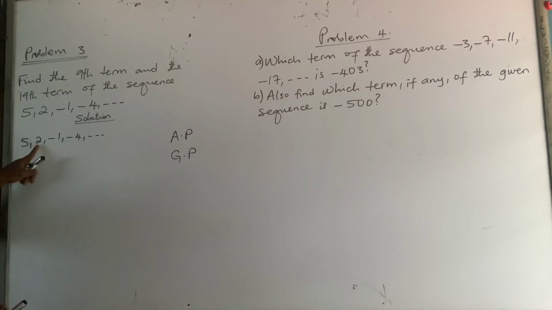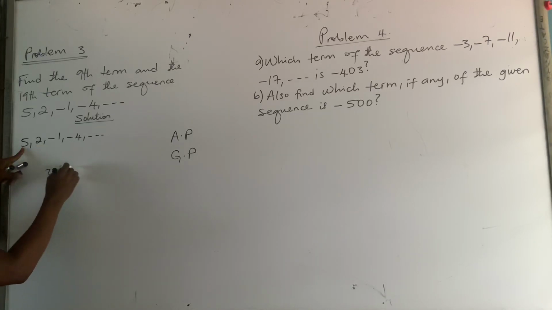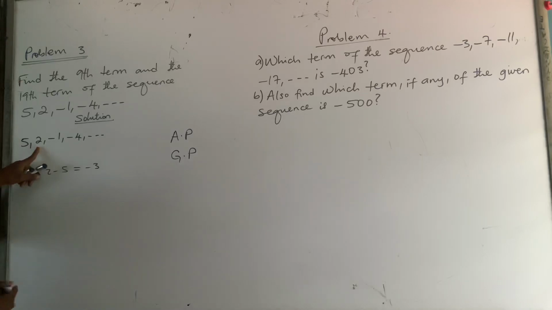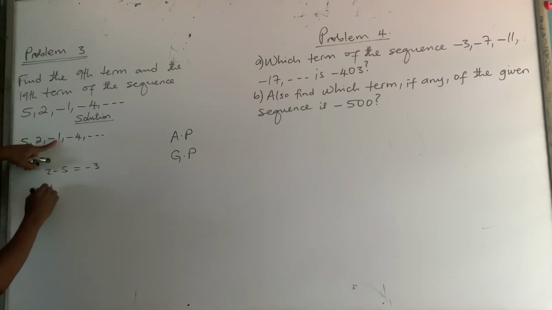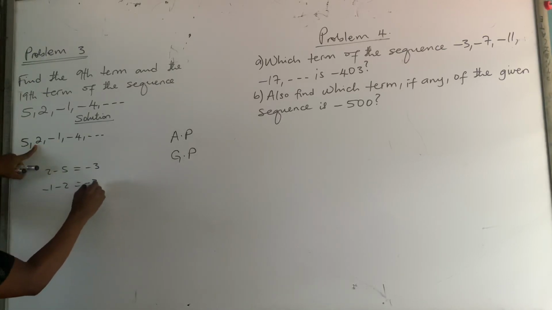We have here 2. If you say 2 minus 5, the answer is minus 3. A particular term minus the preceding term, we have minus 3. So here again, minus 1 minus the preceding 2, we have minus 3.